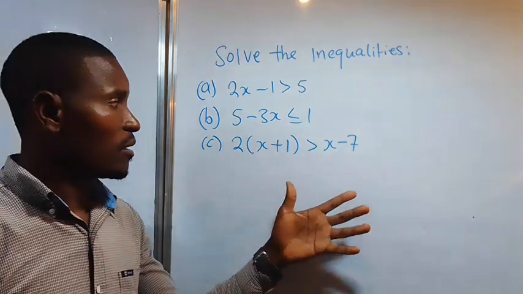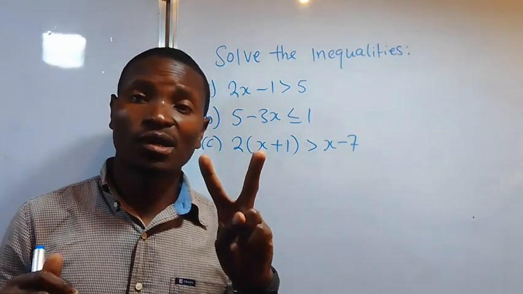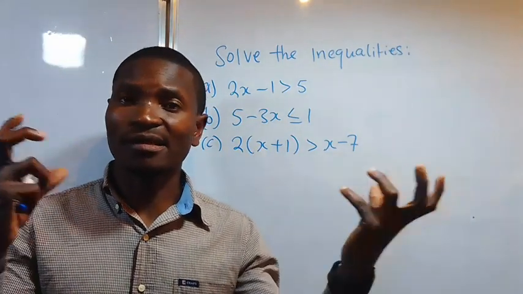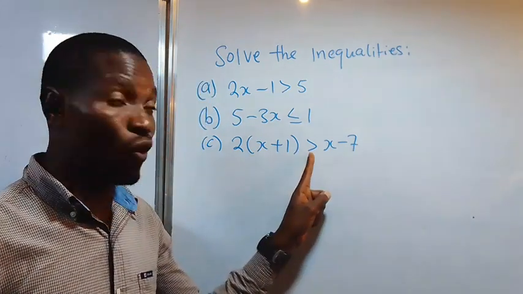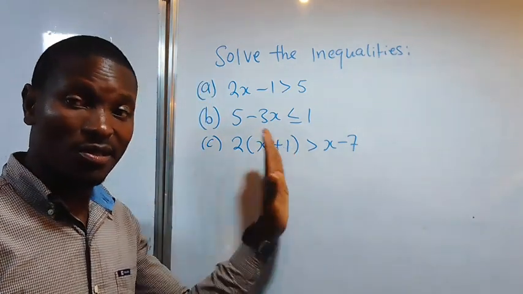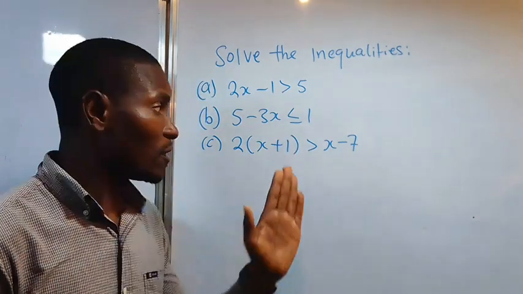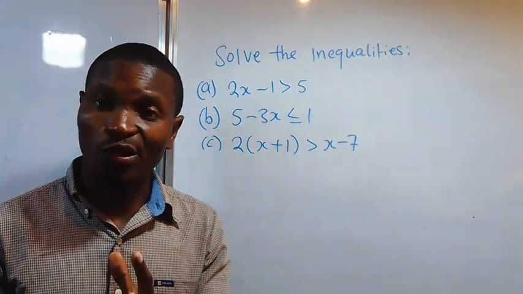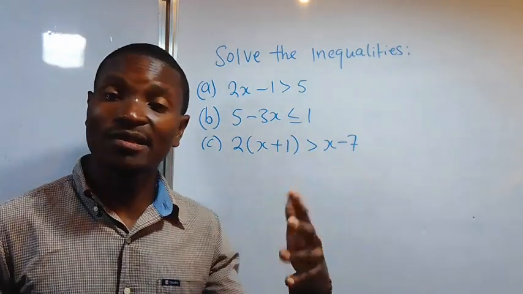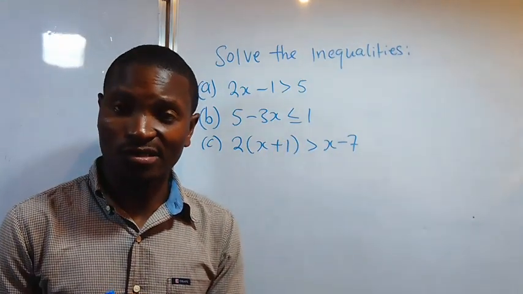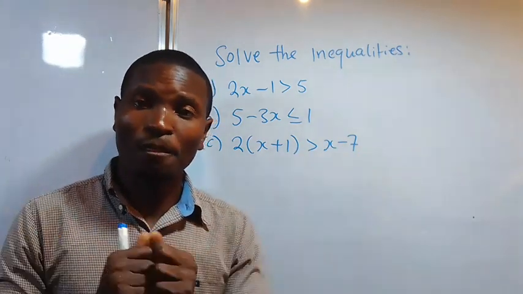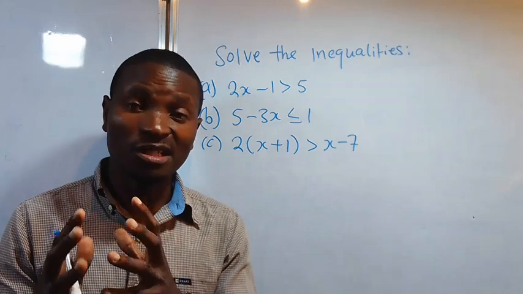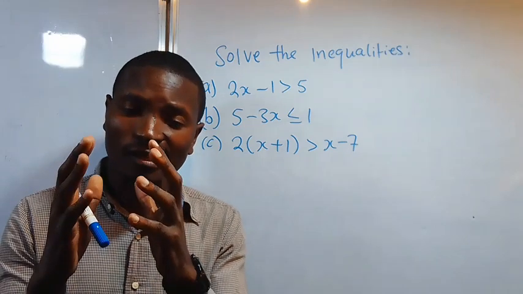Now you can see that you have one variable, but it is appearing on both sides of the equation. Before this symbol is the left side of the equation, and after the symbol is the right side of the equation. So you can see that we have two x's, and we have to find ways to put the x together.